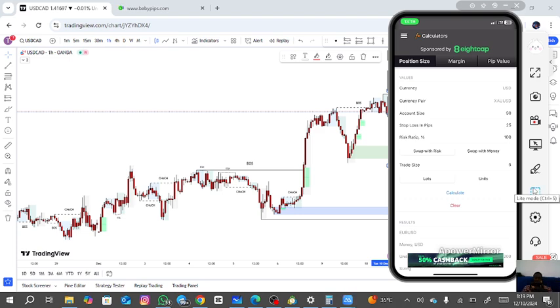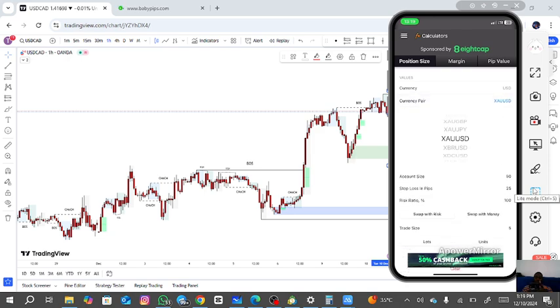Let's see, what's the pair? Now you select the pair. As you can see, you come here and select the pair you want to calculate the risk on, which is USD CAD. As you can see it right here, it's USD CAD. Alright, so now I just selected that right here.